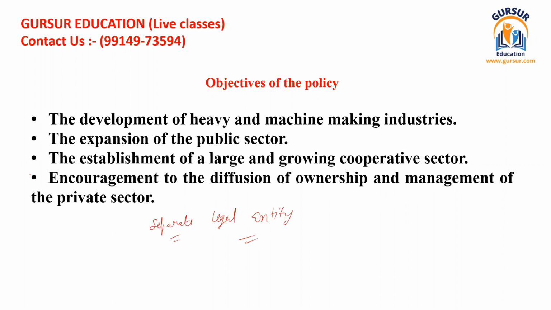So it was encouraged in the Industrial Policy Resolution 1956, because for the first time the Companies Act was passed during that period. A number of acts, laws and sections were written in which it was fully categorized that ownership and management could be made separate. So these were some of the policy measures regarding 1956.